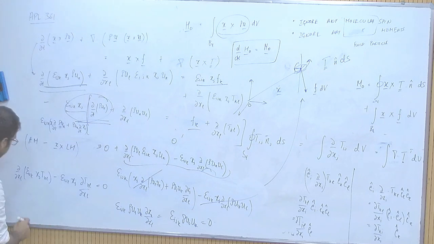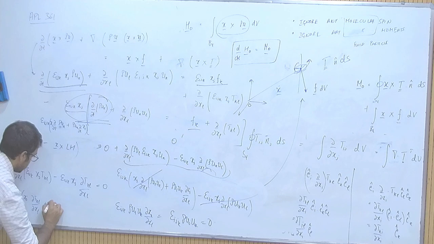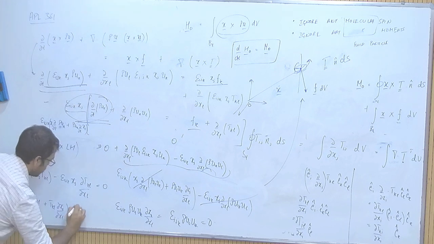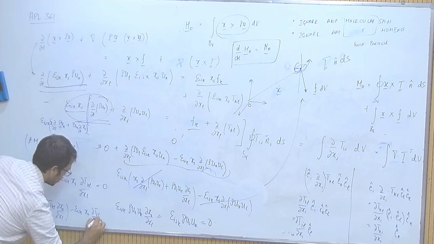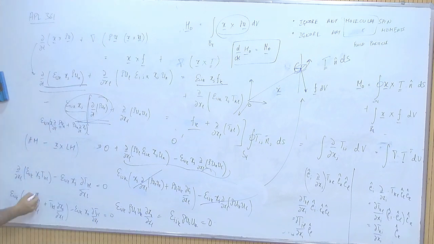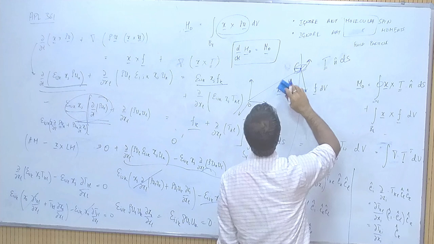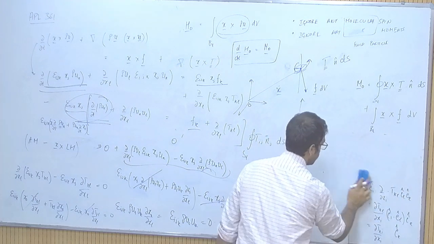Again applying the same, we have epsilon ijk xj del tkl by del xl plus tkl del xj over del xl, minus epsilon ijk xj del tkl over del xl. So this guy cancels out and we get, what do we get?